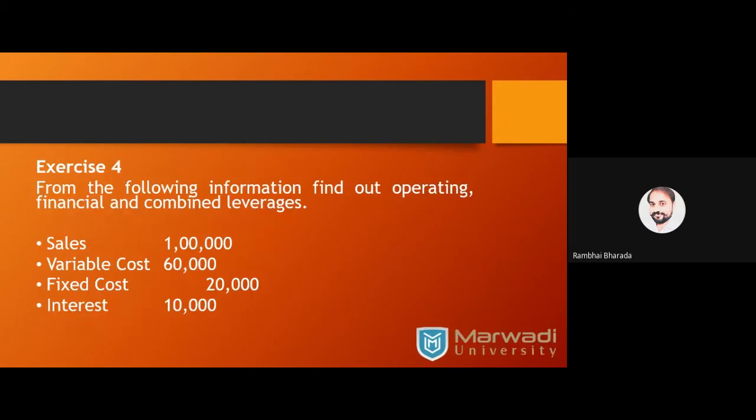Okay, now look at question number 4, and it is your task to complete this question. I will explain all the things. Your sales is 1 lakh, variable cost is 60,000, fixed cost is 20,000, interest is 10,000. Calculate the operating leverage, financial leverage, and combined leverage. Please remember the data.